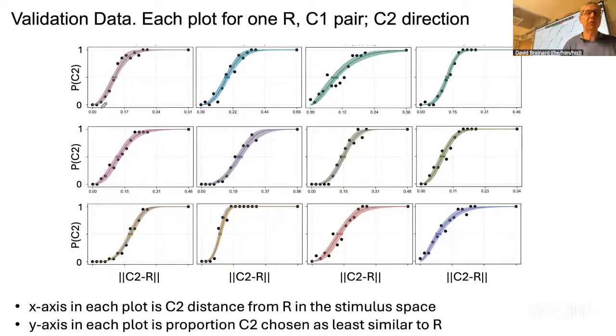And then as we start moving C2 out away, in this method of constant stimuli, the percentage of time C2 is picked goes up regularly. And that happens for each of these 12 conditions, which were defined by different references, different C1s, different C2 distances, and different distances to C1. They're all individual conditions, but in each case, nice regular psychometric functions.